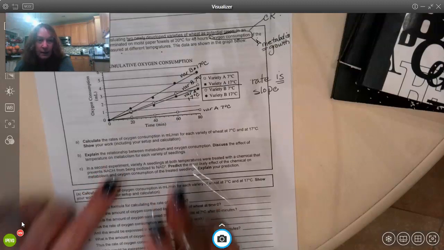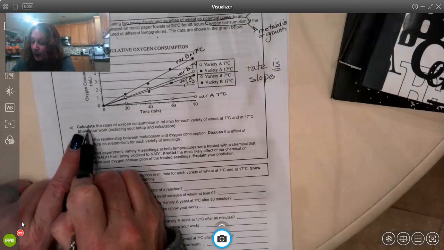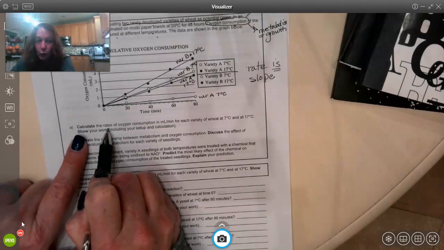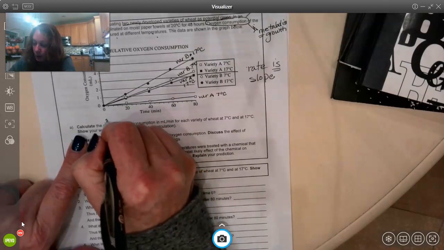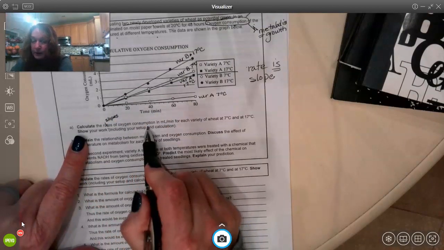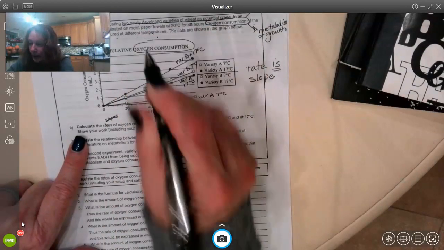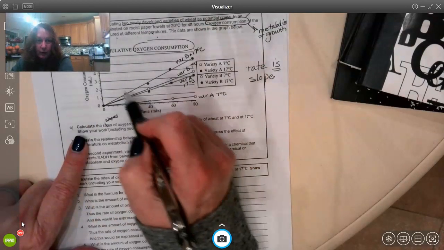Okay? So the first thing they have you do, though, is interesting. They want you to calculate the rate. I'm going to mark through that and put slope of oxygen consumption. Well, that's the title of the graph. I don't have to wonder if I'm doing the right thing.